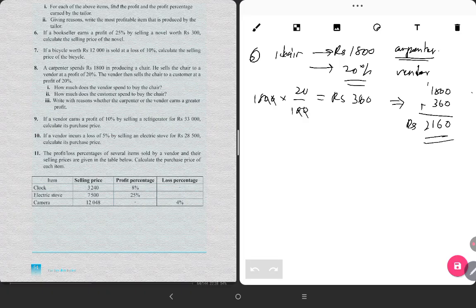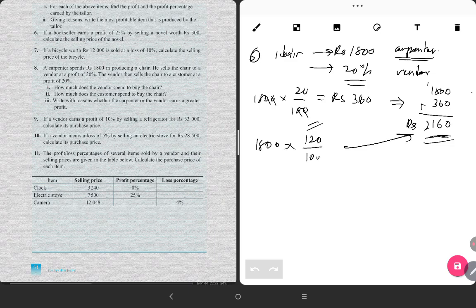Okay, how much does the vendor spend to buy? This is the amount that we just calculated. This is just one way of calculating. Another way is to just do 120. This value will straight away get into this value, because he is giving a 20% profit to the carpenter.